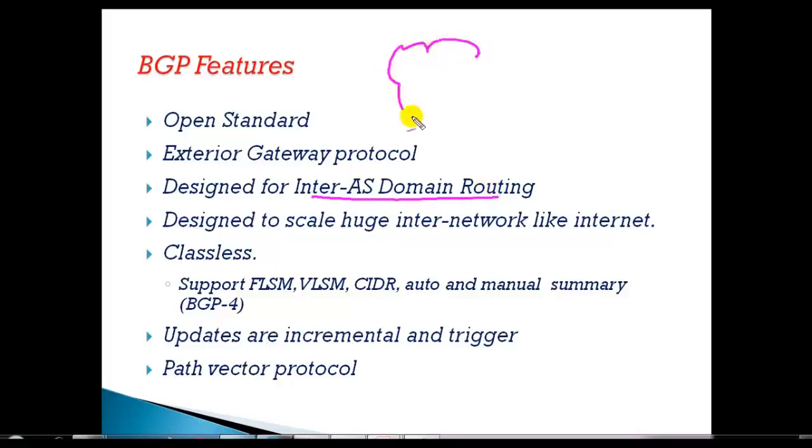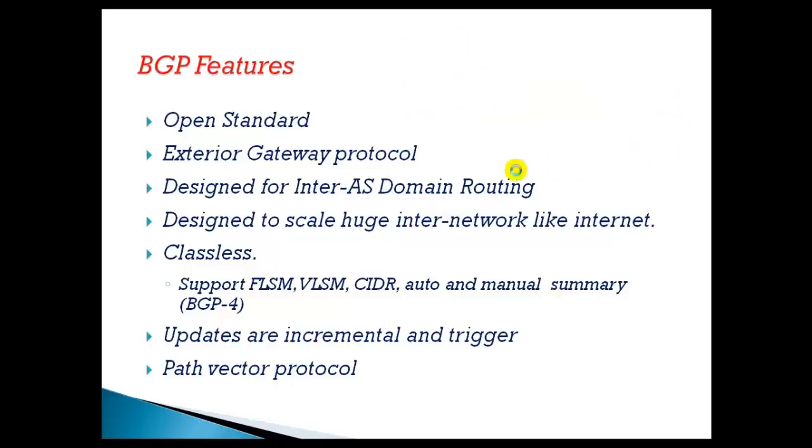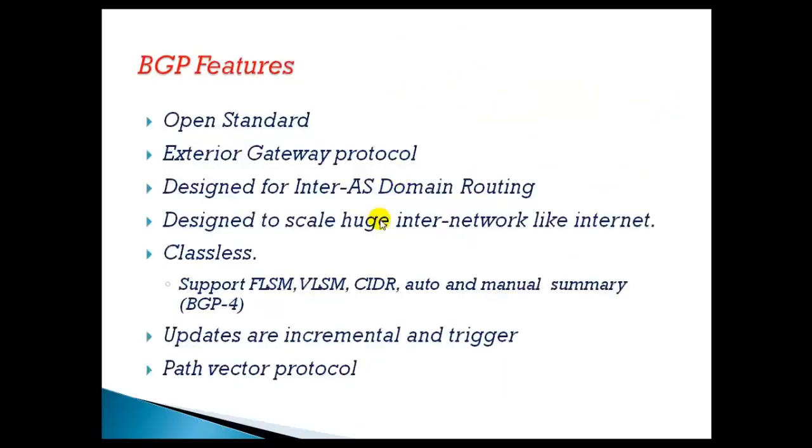Inter-AS means communication between two or more different autonomous system numbers. Let's say this is AS 100, wanting to communicate with AS 200, like in the previous diagram. Between these two AS we use the BGP protocol, and it is specially designed to scale to a huge network like the internet. It supports classless routing, and it supports FLSM, VLSM, CIDR, and manual and auto summarization.